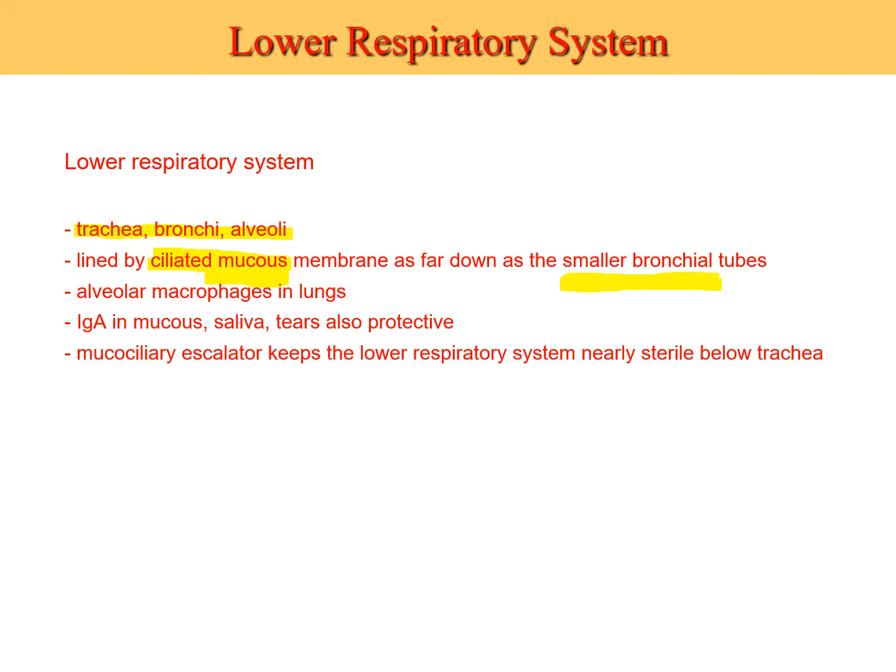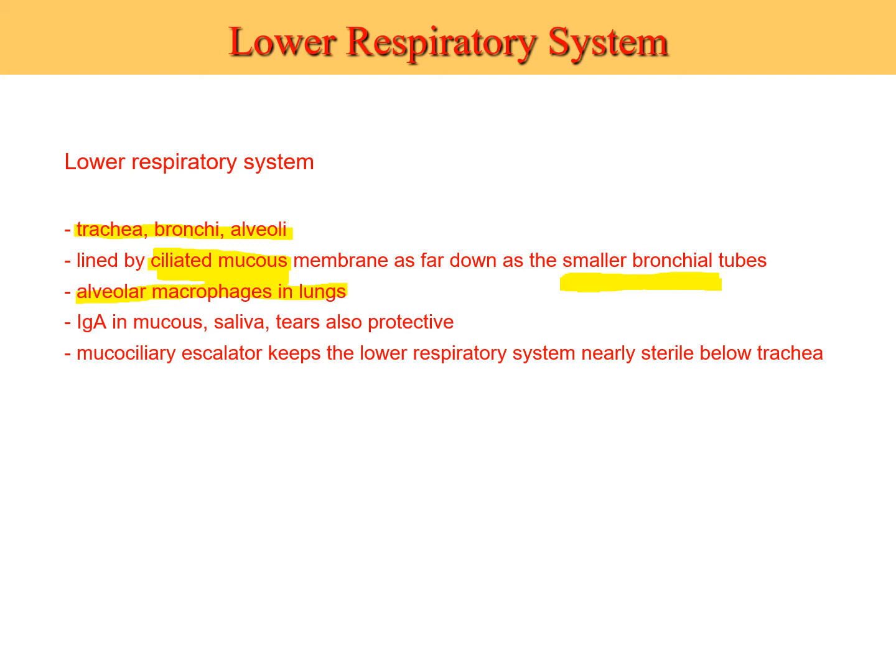There are, in terms of protective mechanisms, besides that ciliated mucous membrane, which can catch and brush upwards dust particles and bacterial organisms, also alveolar macrophages within the space of the lungs that are able to phagocytose and kill microorganisms, fungal spores, bacteria, and even viruses. As I said, IgA is quite protective.